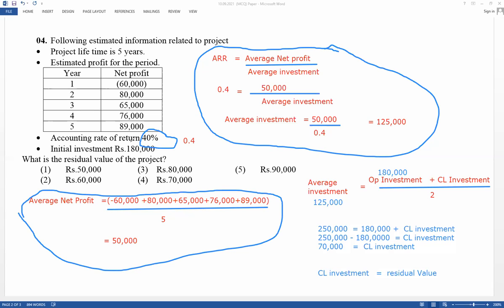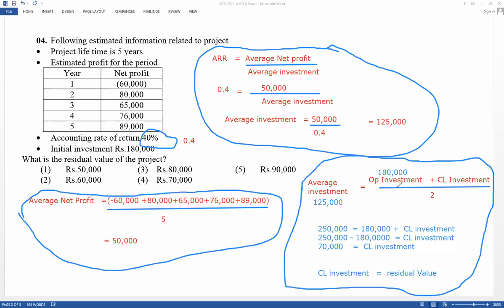Total net profit is given. Then average investment can be calculated: opening investment plus closing investment divided by 2. Opening investment equals initial investment. As a closing investment, you have to consider the residual value. Therefore, residual value equals 70,000. So the answer for question number 4 is 70,000.